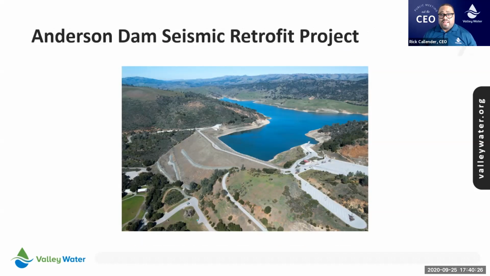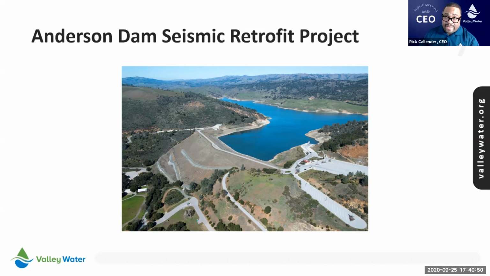And as you may be aware, the Anderson Dam seismic retrofit project is one of Valley Water's highest priorities. Just last week, we held a virtual public meeting. It was very well attended, very well run, to inform the community on the upcoming activities related to Anderson Reservoir and the dewatering and tunnel construction project in compliance with the Federal Energy Regulatory Commission, or FERC, as you may have heard of them, the Reservoir Drawdown Order.